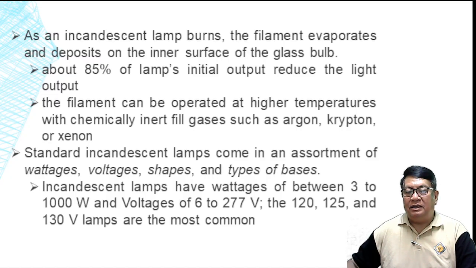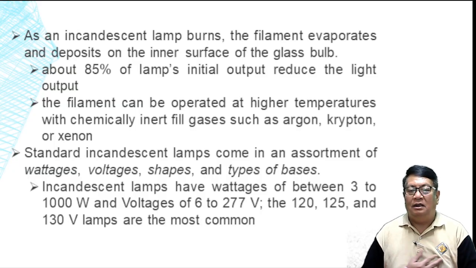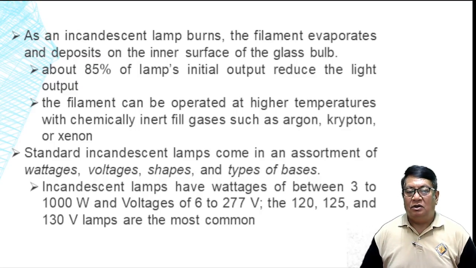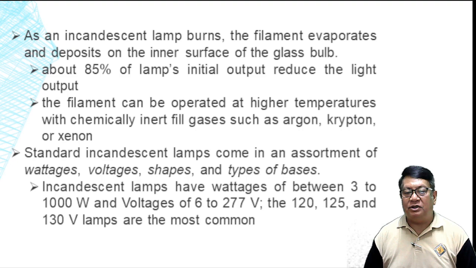As an incandescent lamp burns, the filament evaporates and deposits on the inner surface of the glass bulb. The light output reduces to about 85% of the lamp's initial output. So we have this reduction of the emitted light. The filament can be operated at higher temperatures with chemically inert fill gases such as argon, krypton, or xenon.